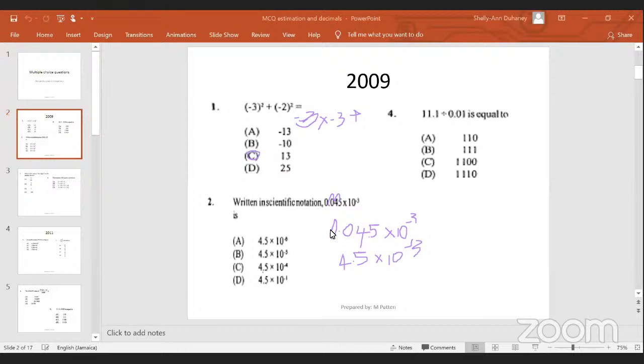So the question is 0.045 times 10 to the negative third power. Cool? So now you said that the point is supposed to be between the first two non-zero digits, which are 4 and 5. So basically we move 2 places.